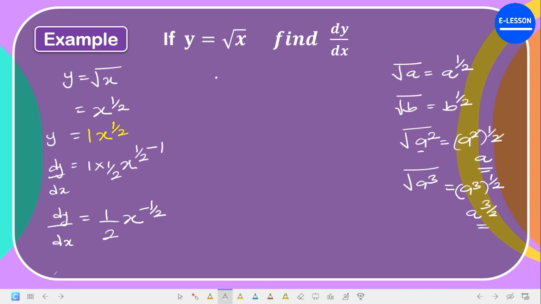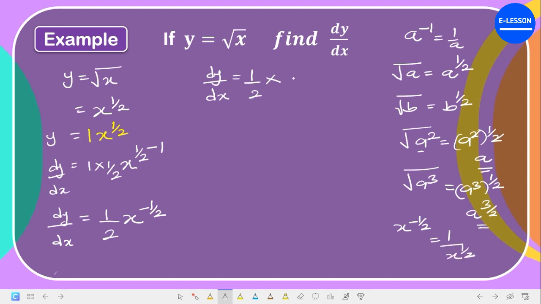Now this can also be written as dy/dx is equal to half times x raised to the negative half. Whenever you have a raised to the power of negative 1, this is the same thing as 1 over a. So if I have x raised to the power of negative half, it is the same thing as 1 over x raised to the power of half.